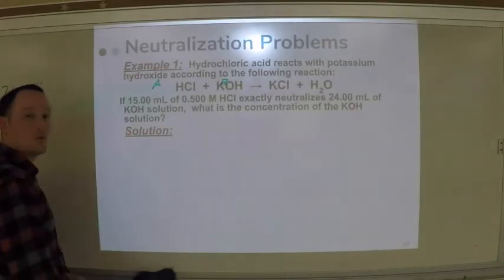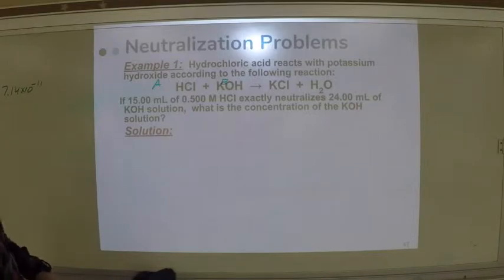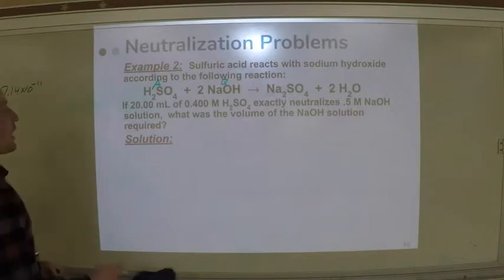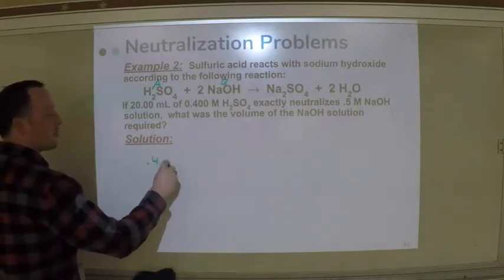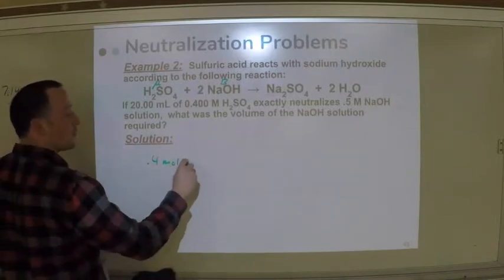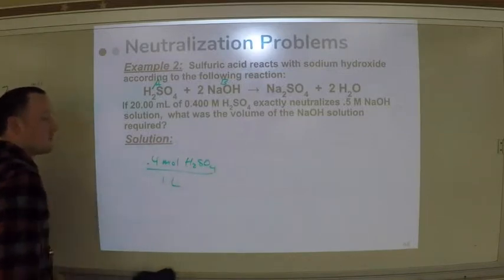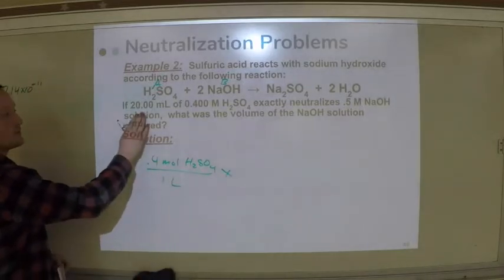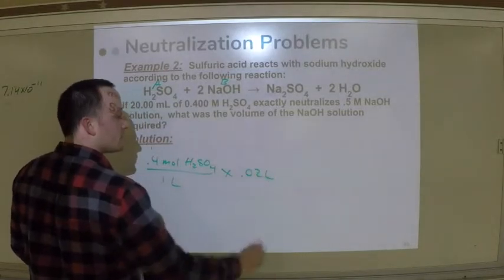So, let's walk through that math. I'm going to take my 0.4 moles. Again, molarity means moles per liter, so I have 0.4 moles of H2SO4 for every 1 liter, and I'm going to multiply by liters, which I was given. 20 milliliters of it, I need to change that to liters, which is 0.02 liters.